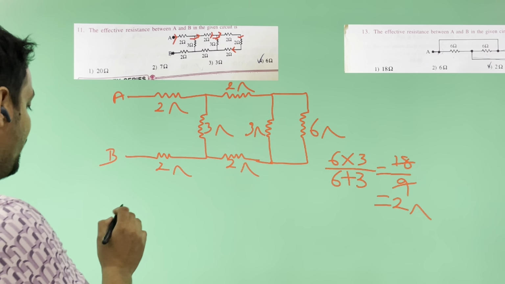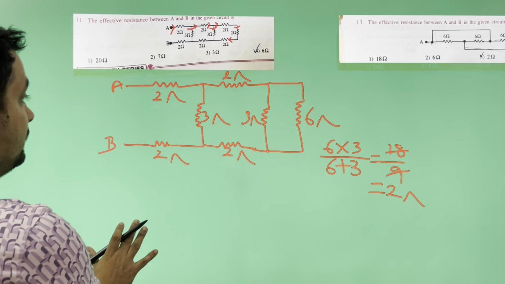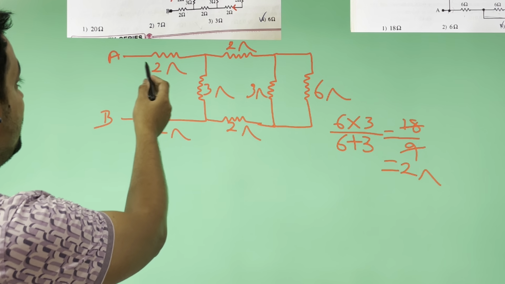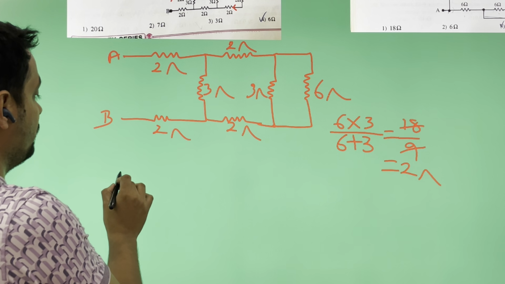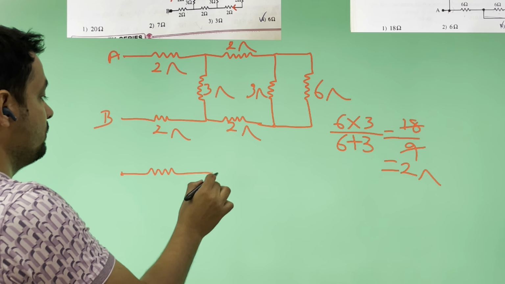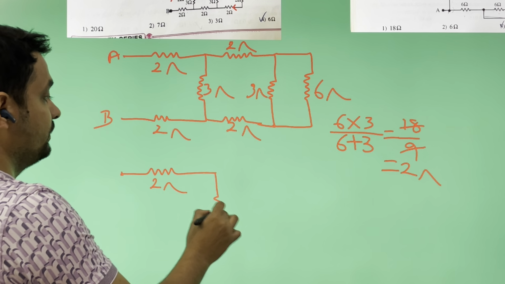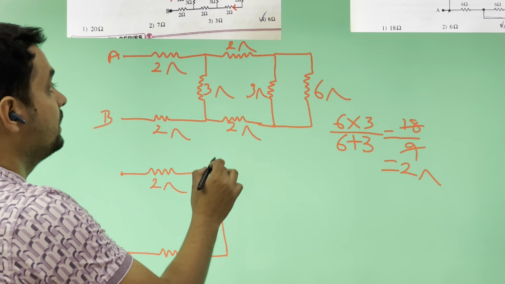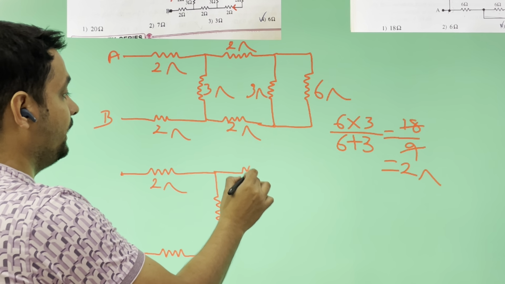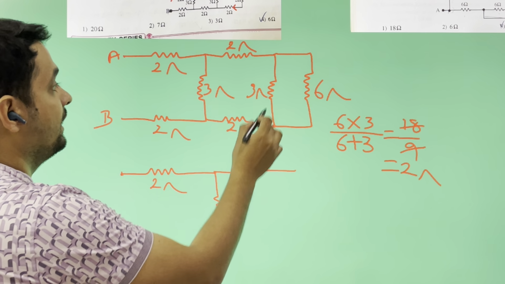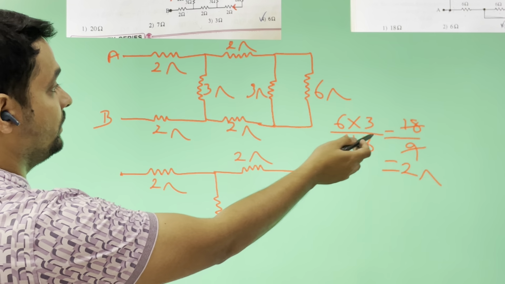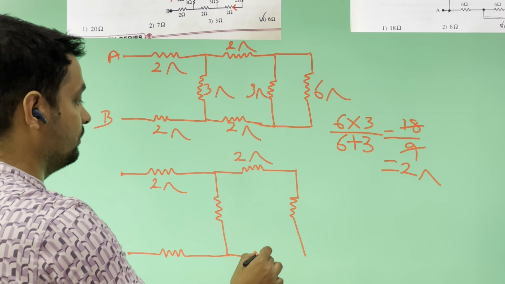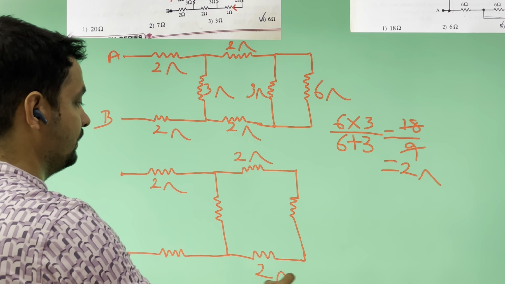So finally I will redraw this again. Here we have 2 ohm, 3 ohm, 2 ohm, and here it is 2 ohm again, and this we have done already, it is 2 ohm, and this is 2 ohm.